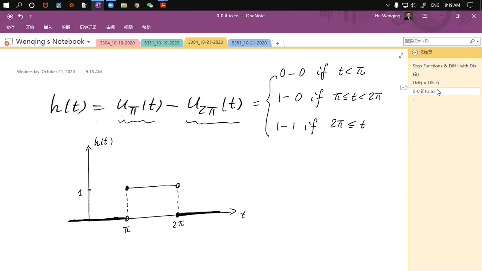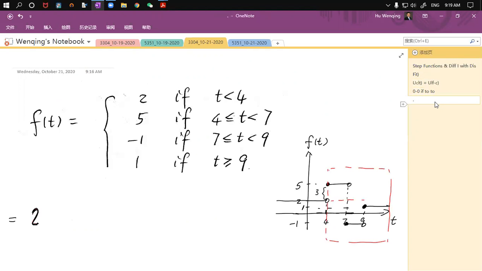So the correction is plus 3 times u4 of t, because you correct the original function from 2 to 5 by 3, and the correction happens at time 4. Is that good, family?